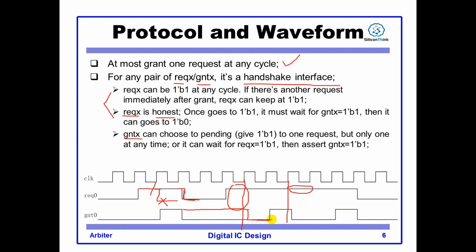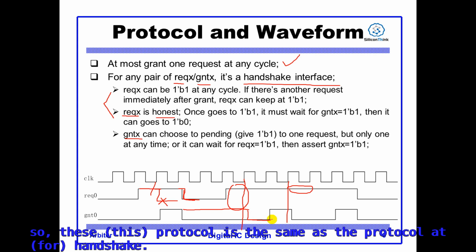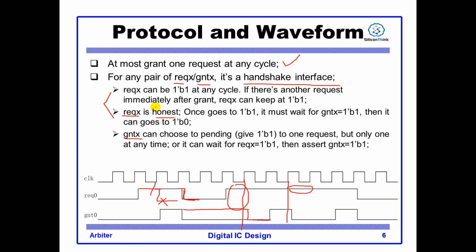Okay. So this protocol is the same as the request-grant handshake protocol. But you need to notice that the output of grants must be one-hot.